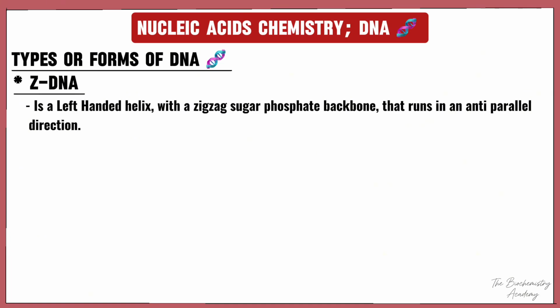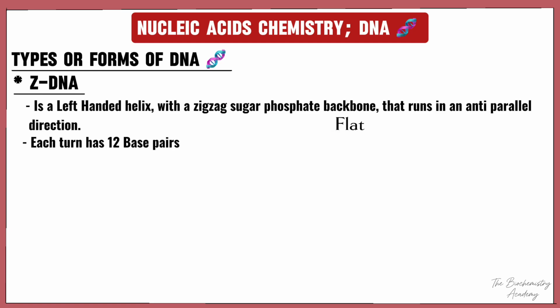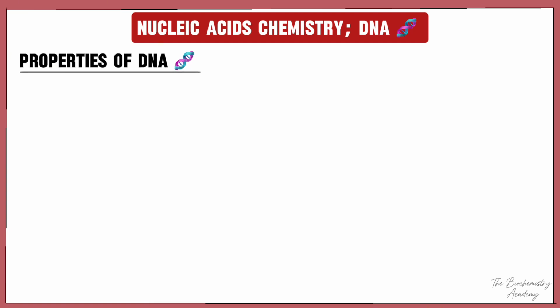Now, each turn is 12 base pairs, so it is longer than the A and the B form of DNA. Now, the major groove of the Z DNA is flat, and the minor groove is narrow and deep. Now, we'll understand the properties of DNA.